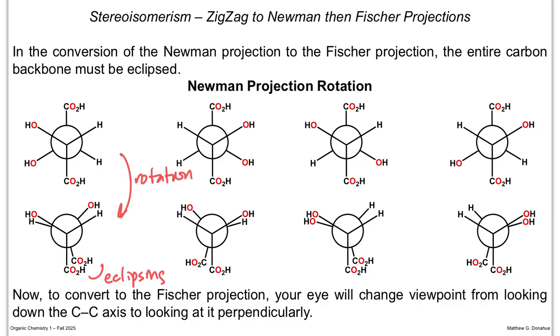The easiest thing, again, to do is take the zigzag, do whatever rotation you need, and then get it in this form, where the carbon backbone is then eclipsing. But you can see the OH groups are now on different sides, left and right of that Fischer.